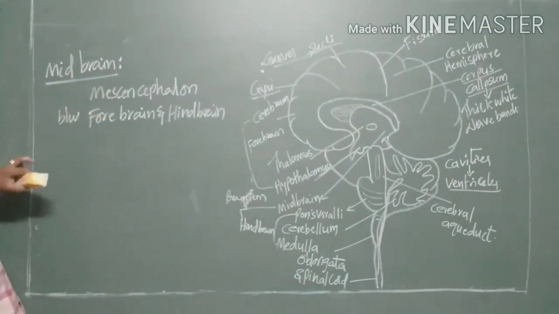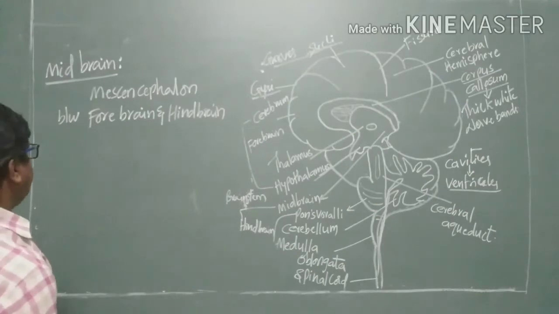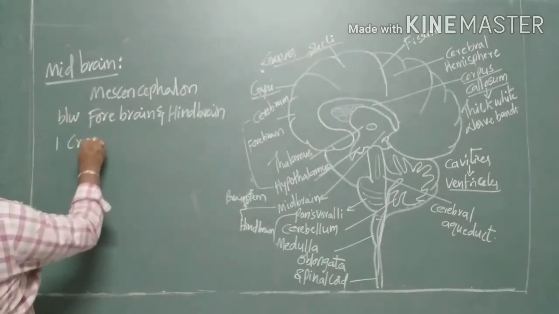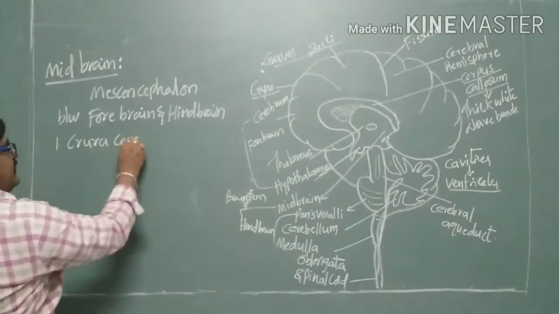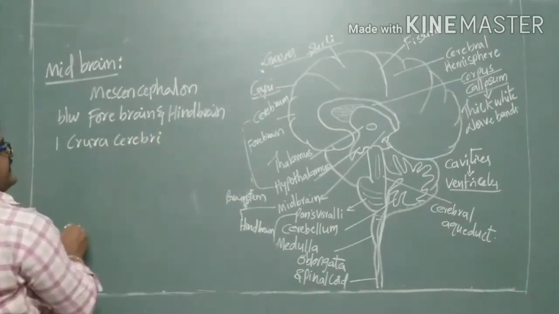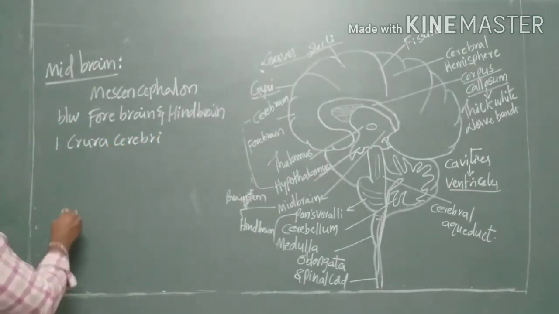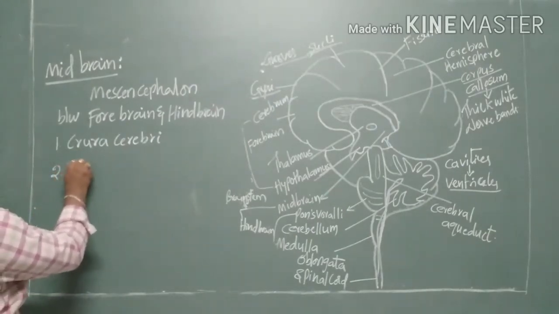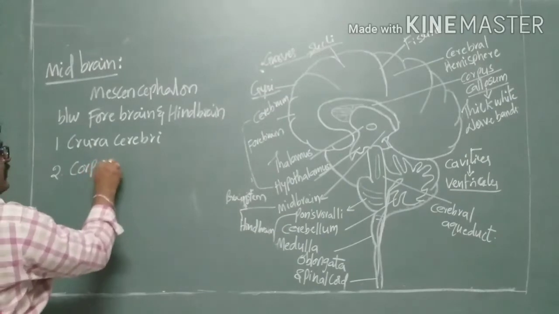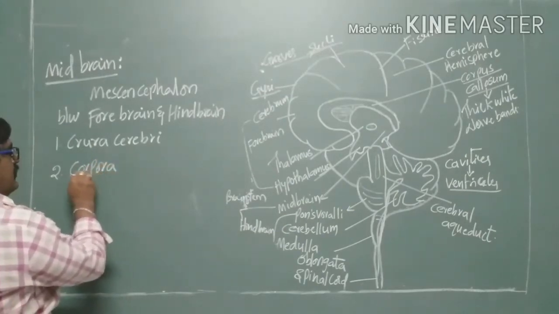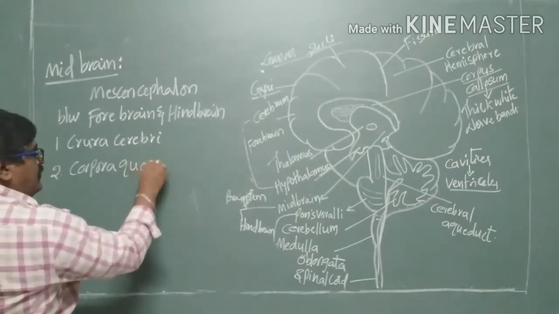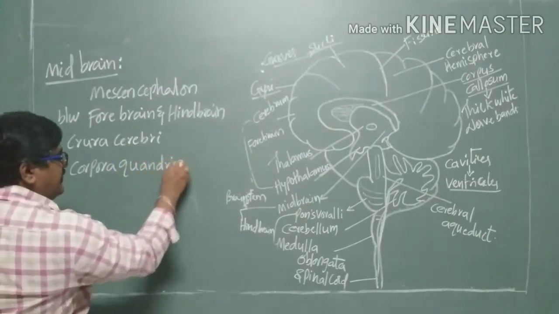This midbrain consists of two parts. One is called the cura cerebri, and the second one is called the corpora quadrigemina.